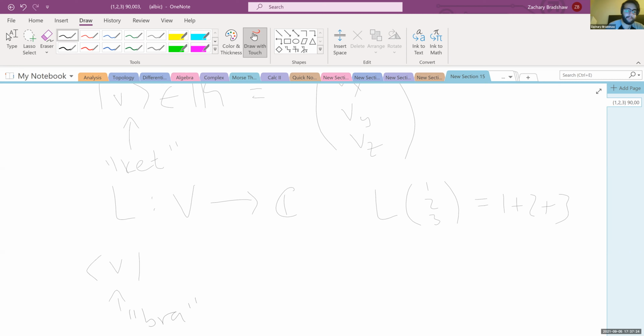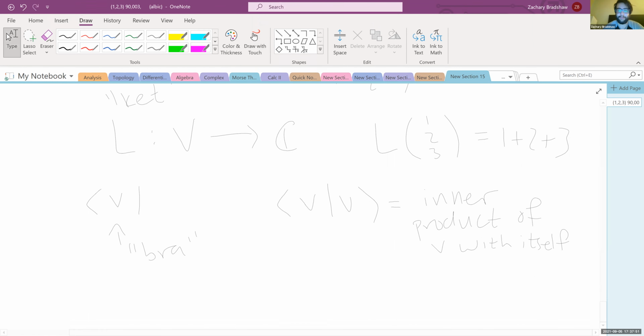When we put these together, we usually drop the second vertical line. And what we get is an inner product. So this is the inner product of V with itself.